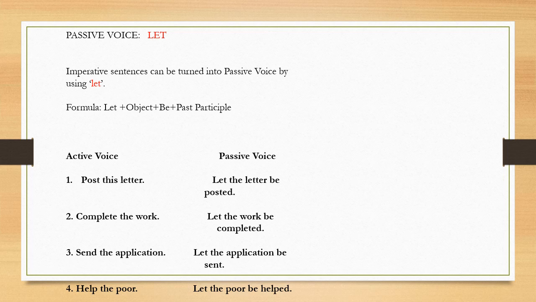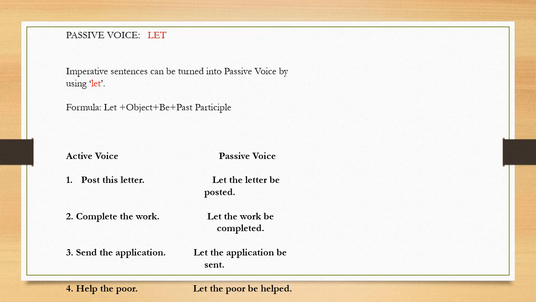How to change it using let? Application is the object. So first, what do you add? Let, the object: let the application, plus be. Then the past participle of the verb send is sent. Let the application be sent is in passive voice.